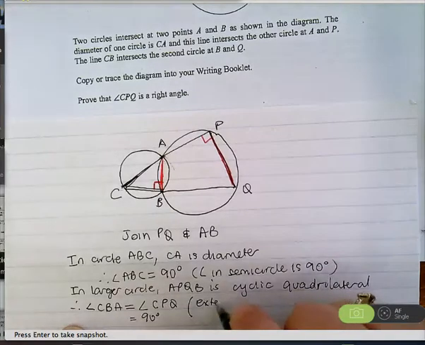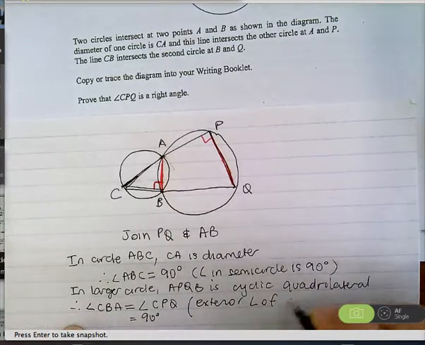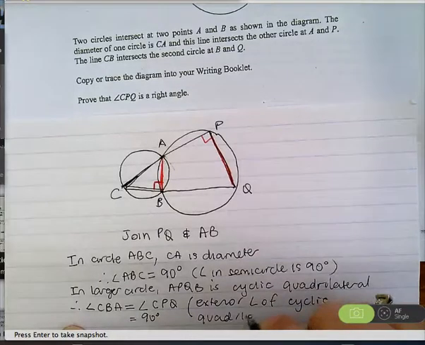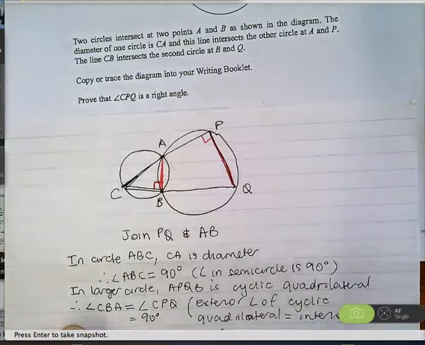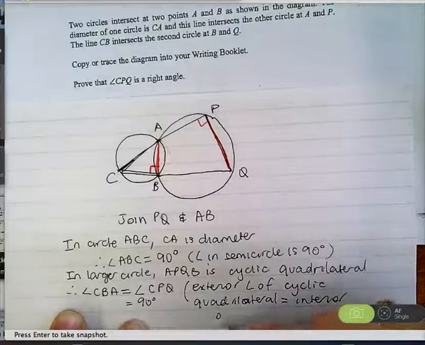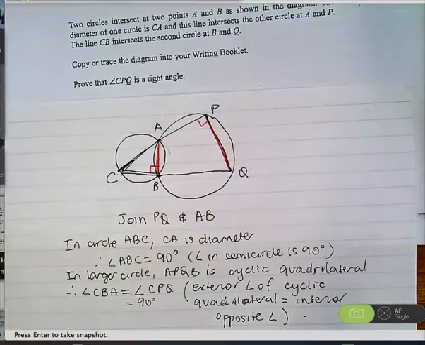Reason: the exterior angle of a cyclic quadrilateral equals the interior opposite angle, okay? And therefore you've proven that angle CPQ is a right angle.